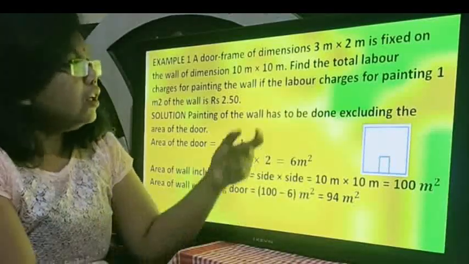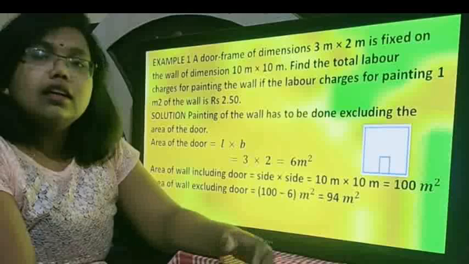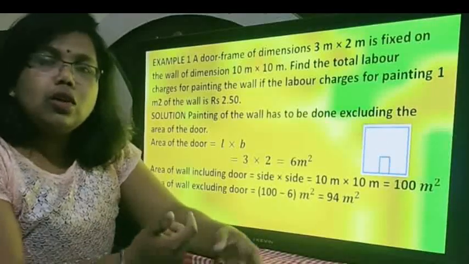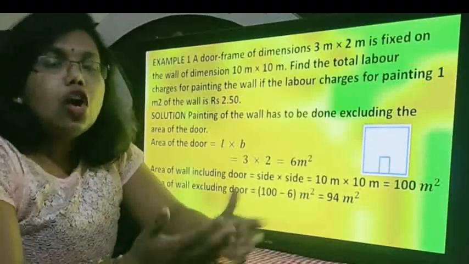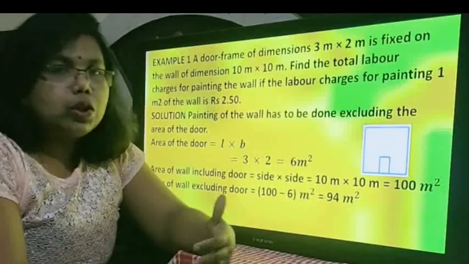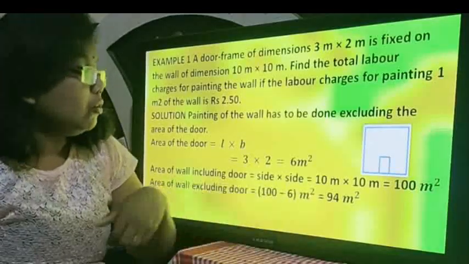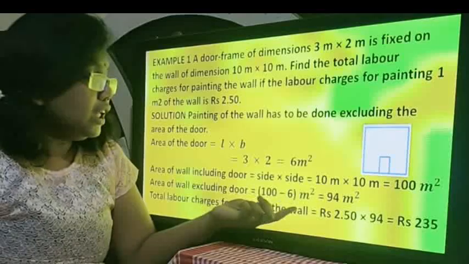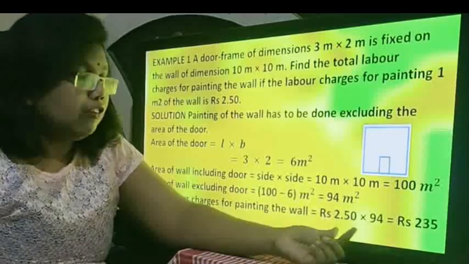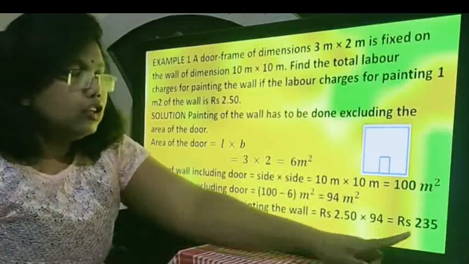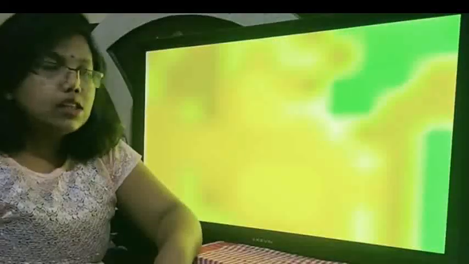To find the total cost, we multiply the rate with the area, or the rate with the perimeter, whatever the question demands. So here, 94 meters square: the labor charges for painting the wall is 2.50 multiplied by 94, rate multiplied by the area, so you get rupees 235 as your answer.